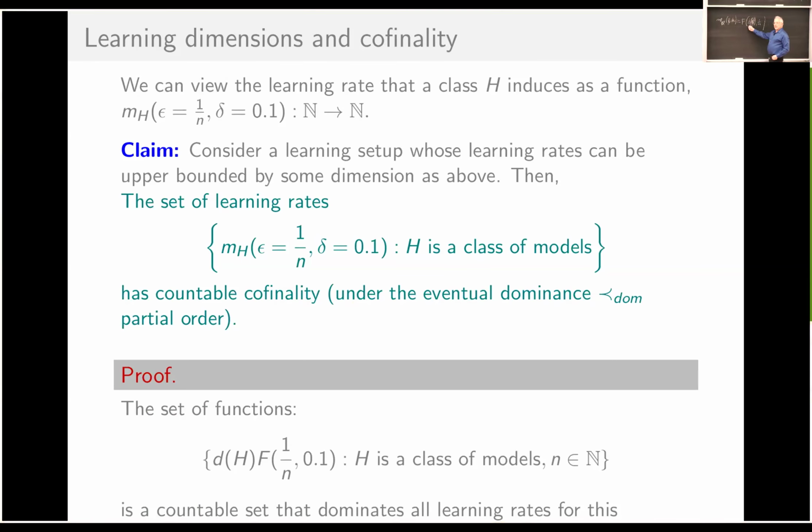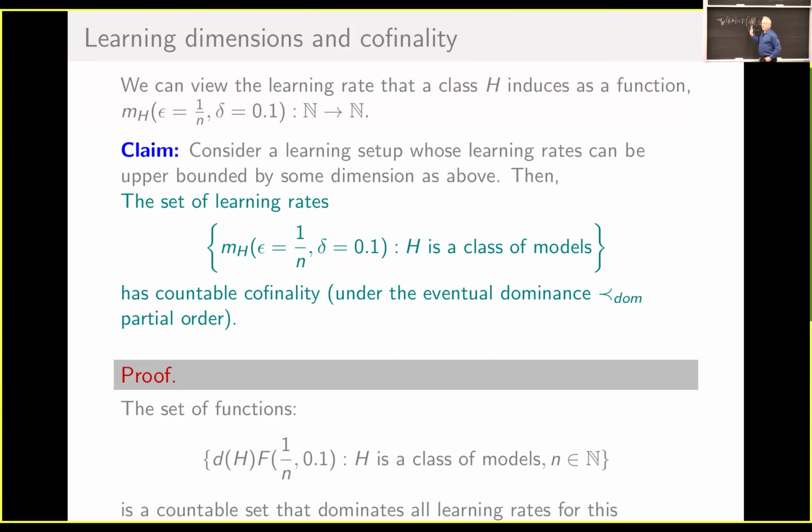And that input, d of Q, is a natural number, n is a natural number, so I have here only countably many possible inputs.